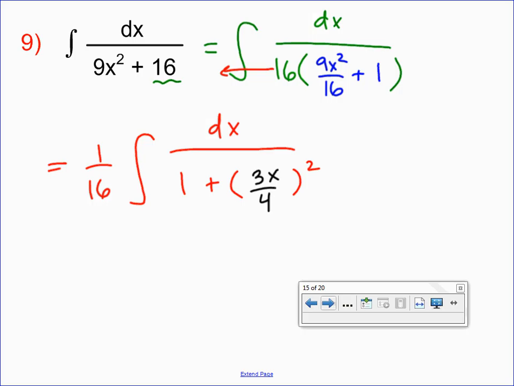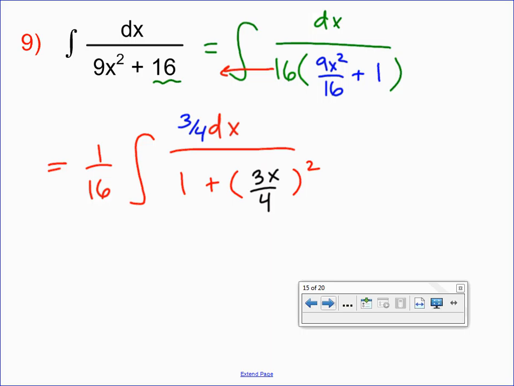So with the original input and my inverse tangent of 3x over 4, then argument squared equals that. Awesome. We're all set for an antiderivative so long as the derivative of the argument is present, and it's not. But the derivative of this argument is just 3/4. And so if we had a 3/4, then we'd have the derivative of the input, and we'd be able to go straight to inverse tangent of 3x over 4.